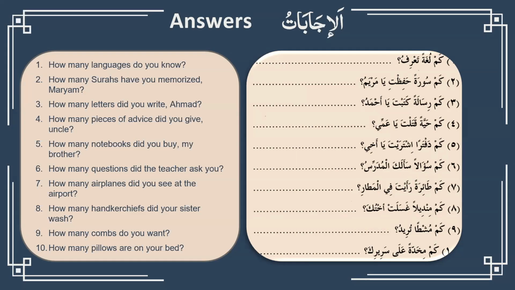Uktub is I wrote. He wrote, kataba. Katabtu risalatain. Katabtu, and by the way, katabat for feminine and katabtu for anta, anti. Like this.